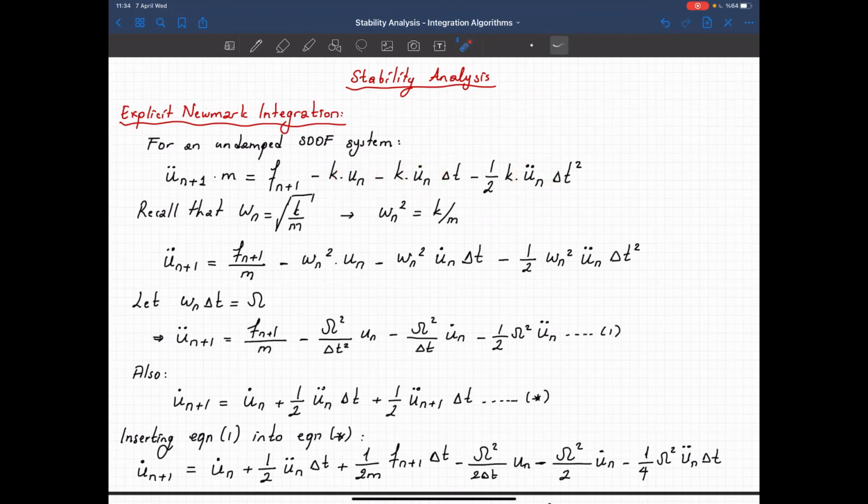So that's the main advantage: it doesn't require iteration. At the current step you know everything, and by using the parameters at the current time step you calculate the parameters at the next time step.